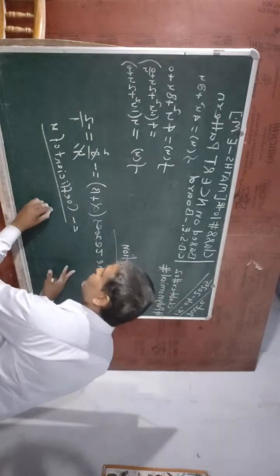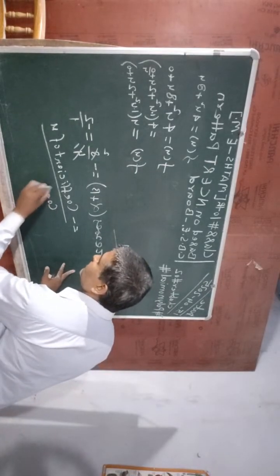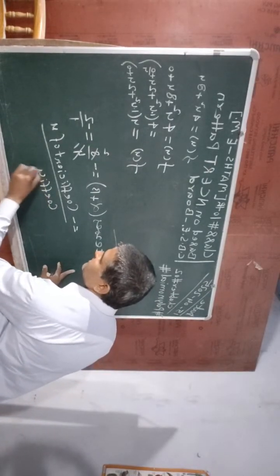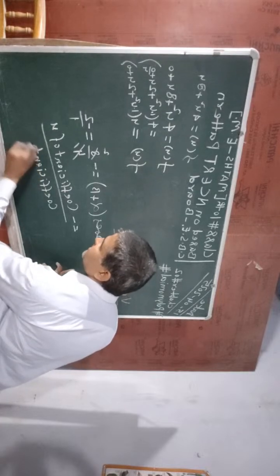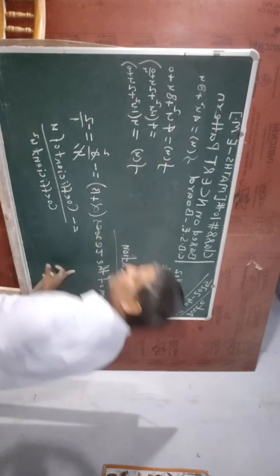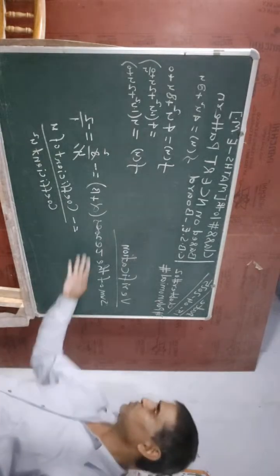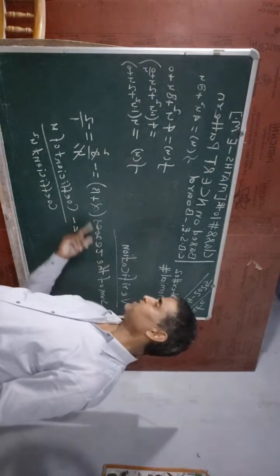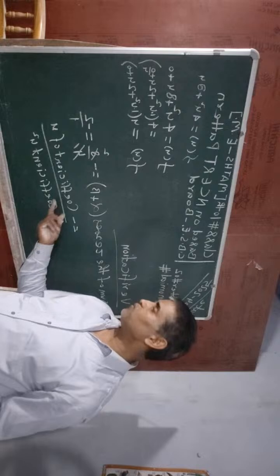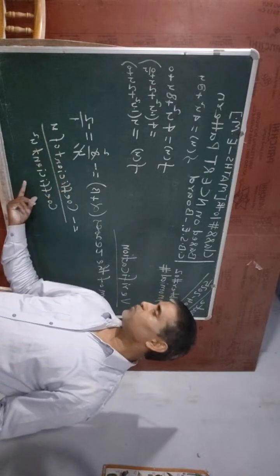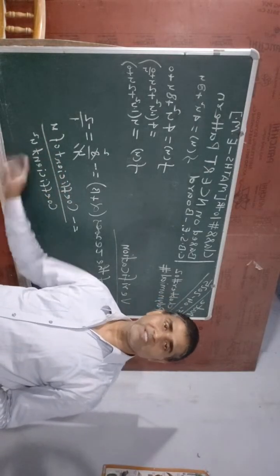So this is the formula: sum of the zeros, alpha plus beta, equals minus coefficient of u divided by coefficient of u square. Okay student, this is okay.